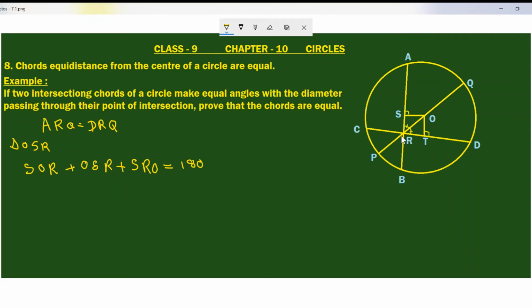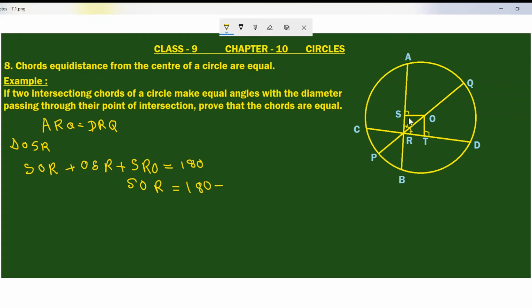So I am going to keep this SOR on the left hand side and bring all these to the right hand side. So SOR is equivalent to 180 minus OSR. What is OSR?